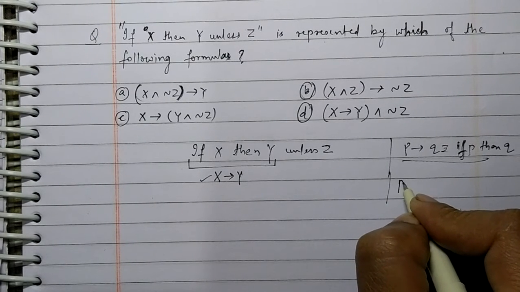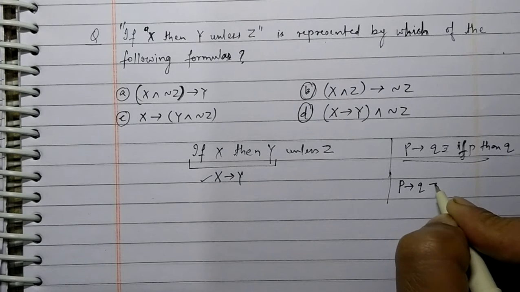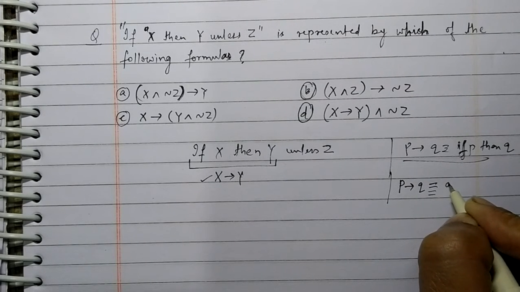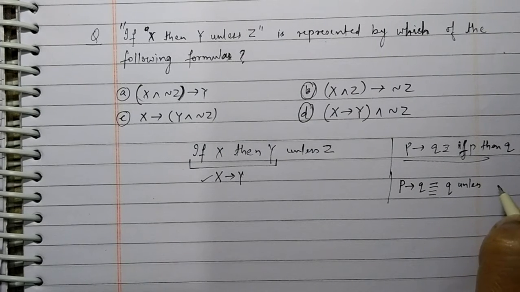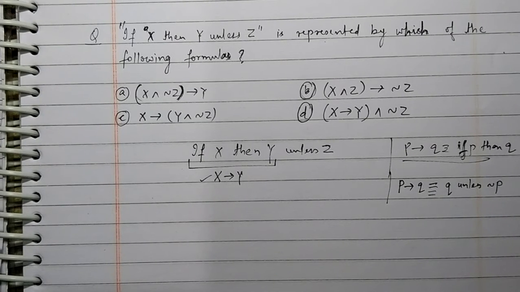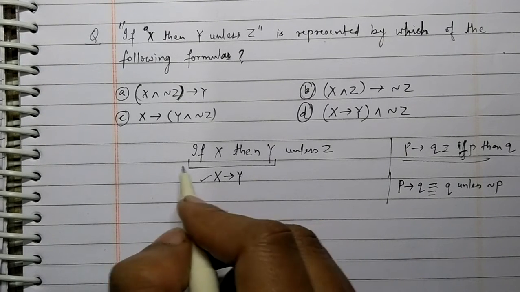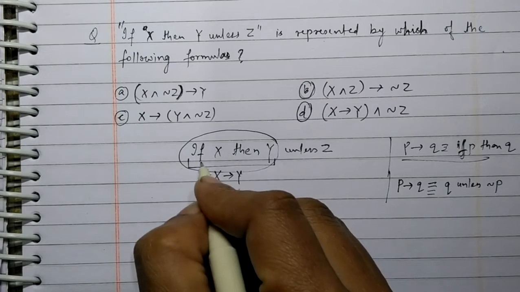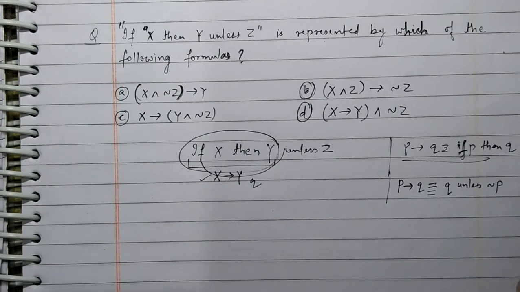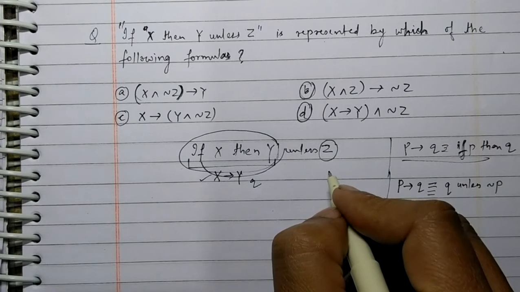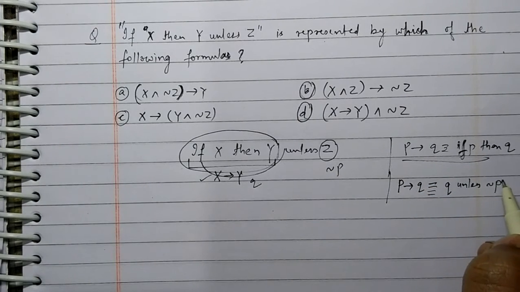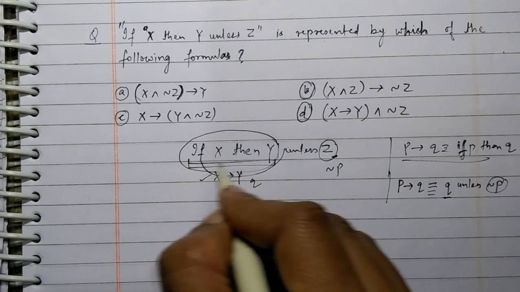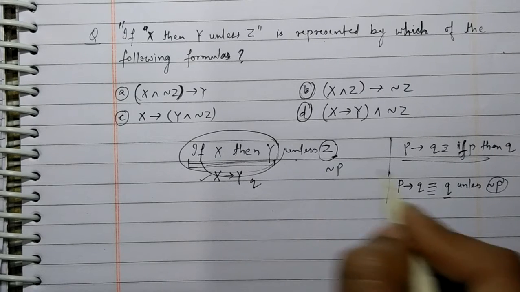We also know that P imply Q is equivalent to Q unless, in other language, Q unless not P. So suppose in this question, consider this whole as Q and consider this whole as not P. See, this is not P, this is Q. I have considered this whole from here to here as Q and unless.